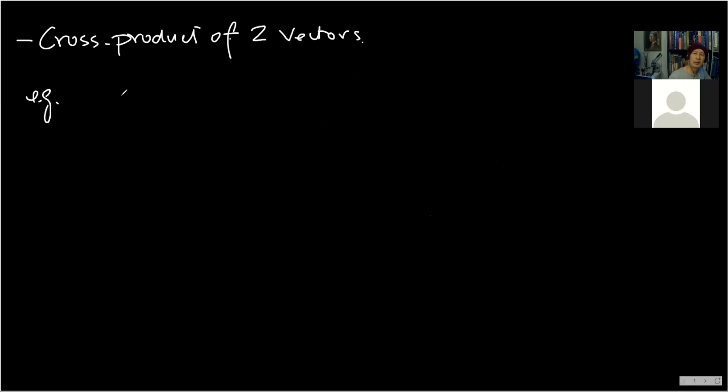So if you have another example, just consider the cross product of two vectors. This is just one example. We just consider vector A equal to 2i minus 5j.